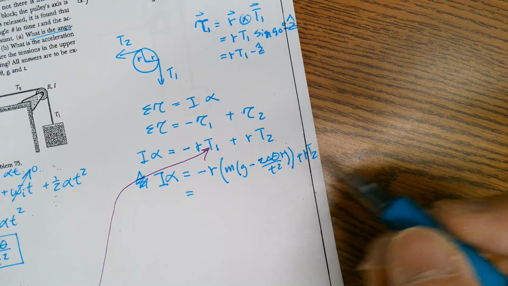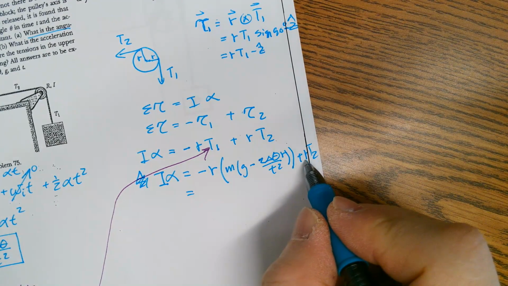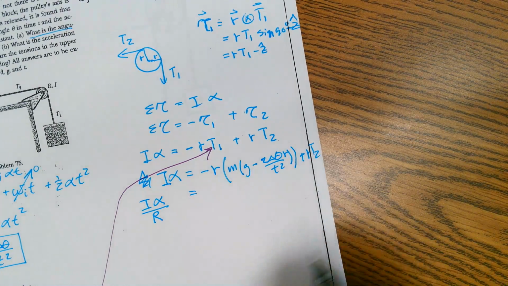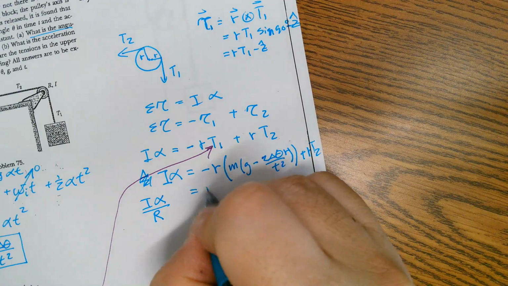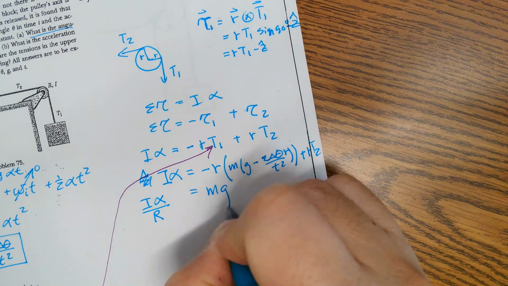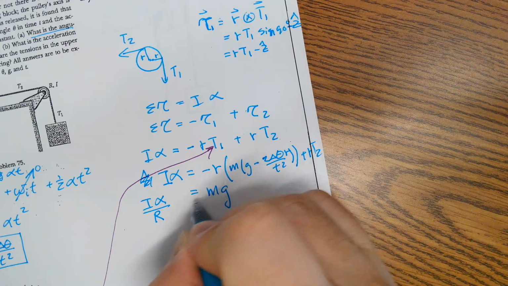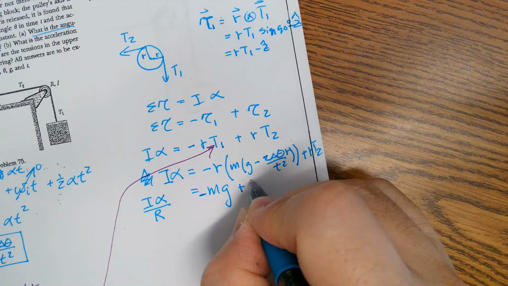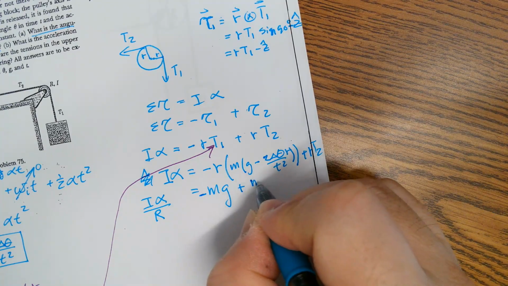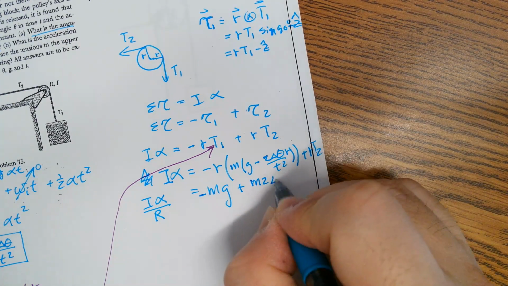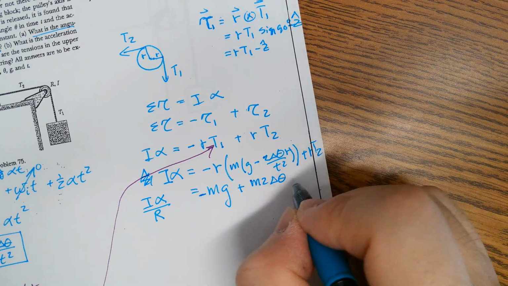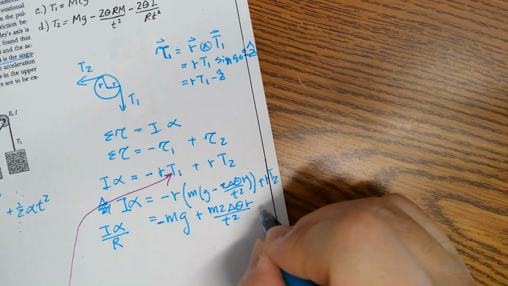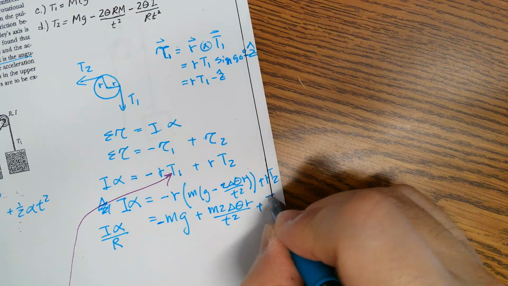So if we divide both sides by R, we got I alpha over R is equal to negative mg plus m2 delta theta R over T squared plus T2.